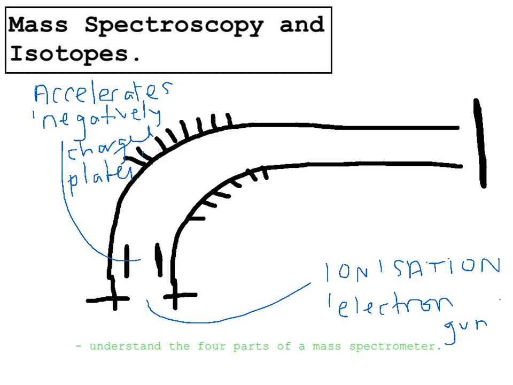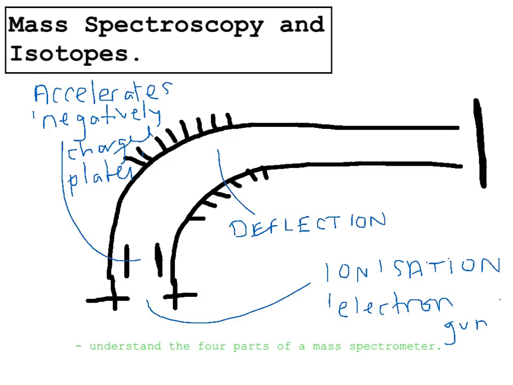This next part here is where the sample gets deflected, so deflection happens next, and that's done with an electromagnet, which can be turned up or down. If you've got heavier ions, ones with higher mass, then you'll need a stronger magnetic field to deflect it around the corner.